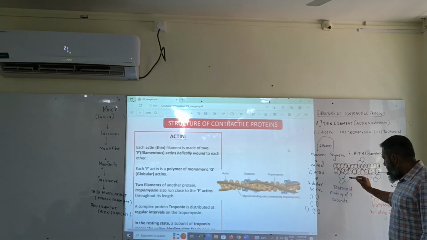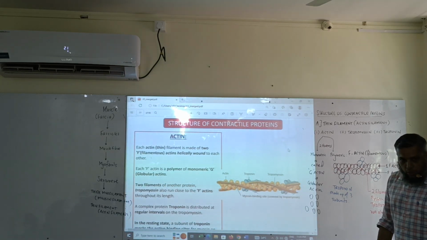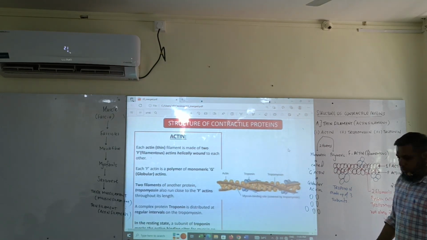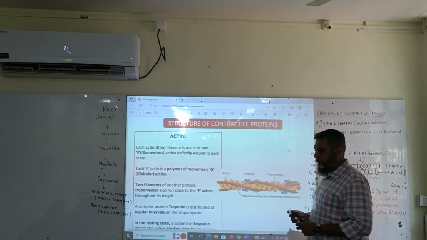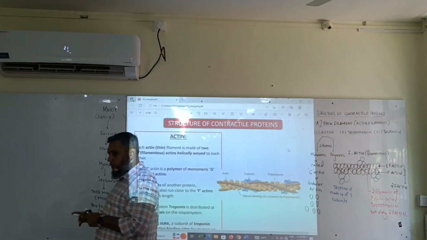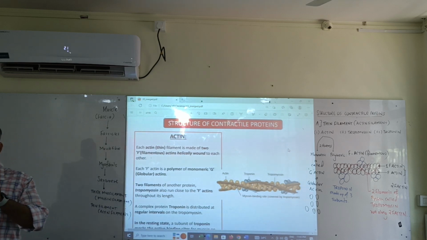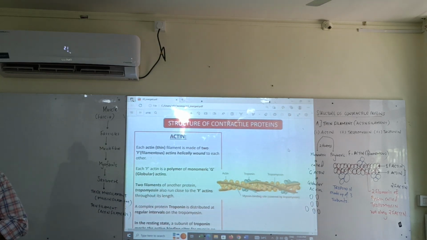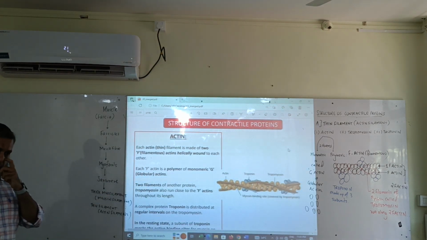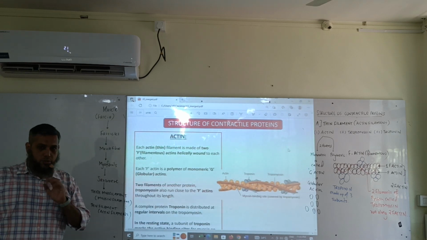They are called I, C and T. We'll say that the troponin is made up of how many subunits? 3 subunits. So now the actin filament is made up of how many proteins? 3. 2 F-actin, 2 tropomyosin and troponin, and each troponin is made up of 3 subunits. Got my point? Now listen close.